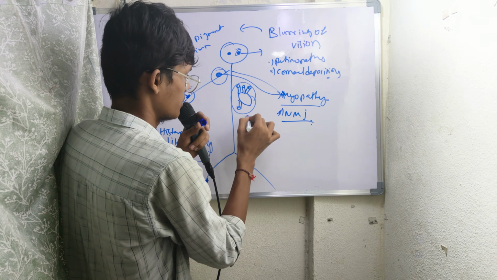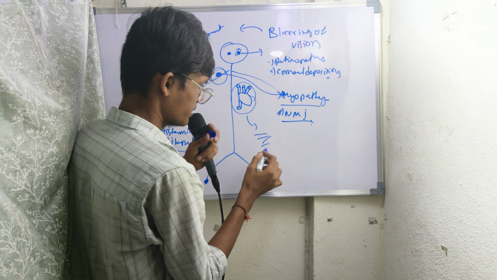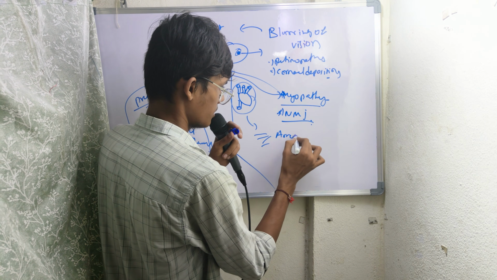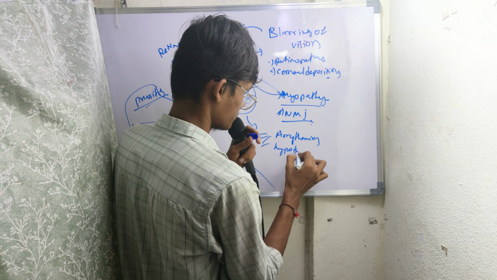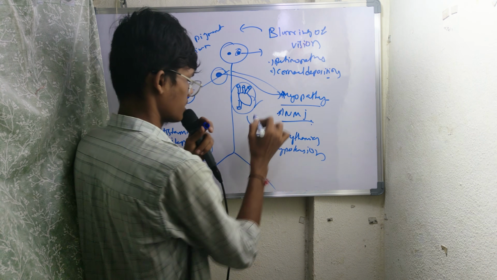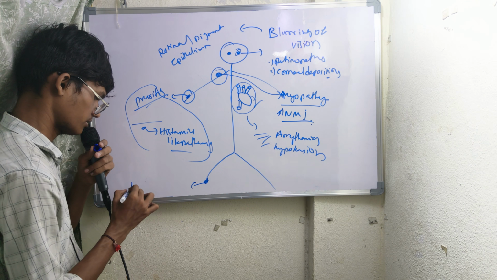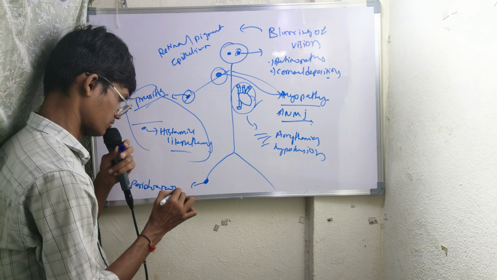And in the heart, there are conduction impulses, right? These conduction impulses will be altered, so he might land up in arrhythmias and hypotension. Okay, we completed the heart also. In the peripheral neurons, he might land up in peripheral neuropathy.